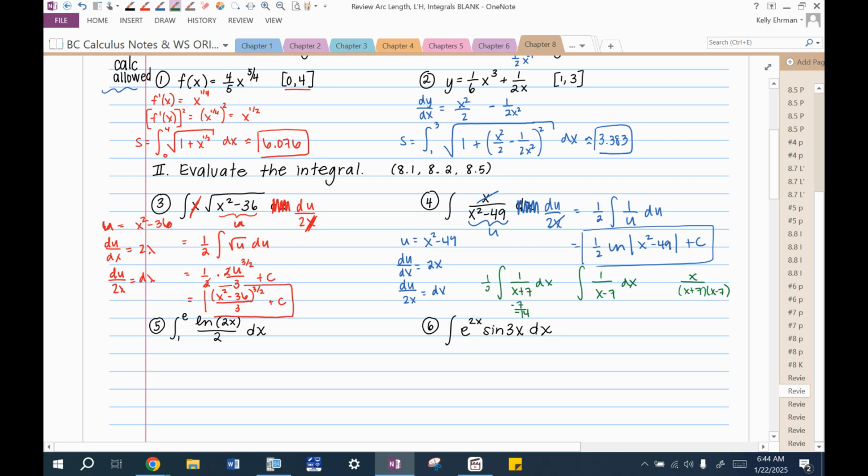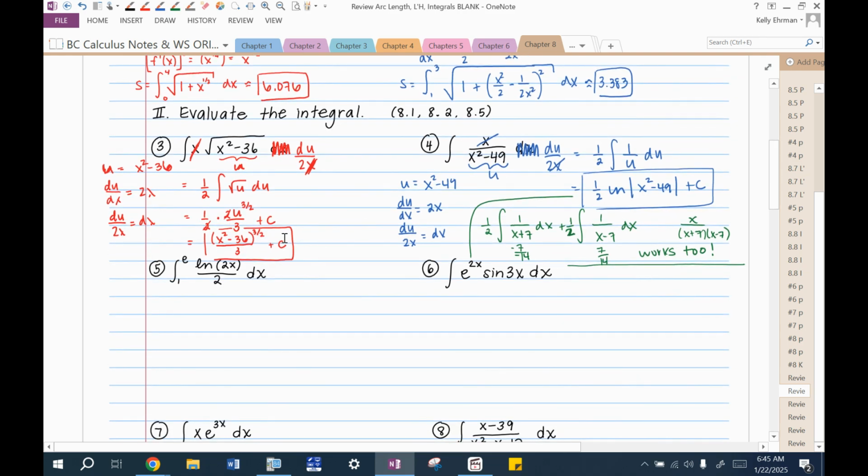So I would get 1/2. And if I did 7, I get 7 over 14. I think I get to the same answer. That's 1/2 ln of x plus 7 plus 1/2 ln of x minus 7. Yeah, same thing. So this would work too. I'm not going to finish that problem off, but that is the same idea for that one.